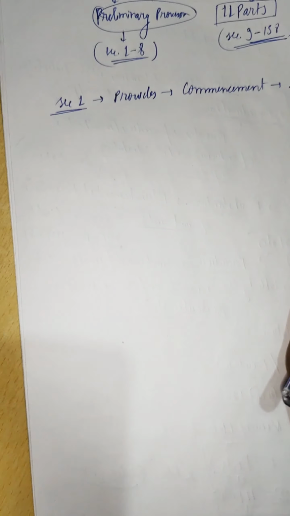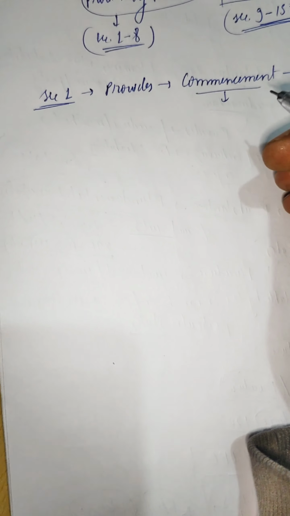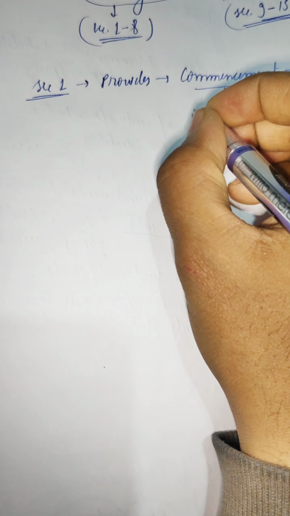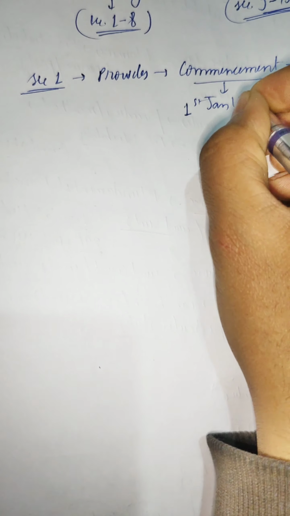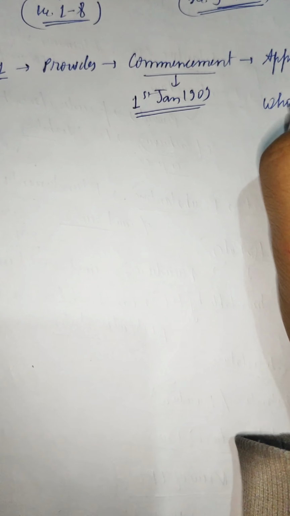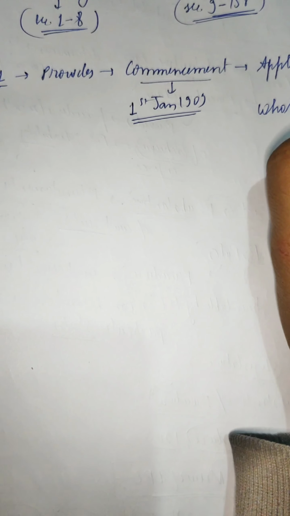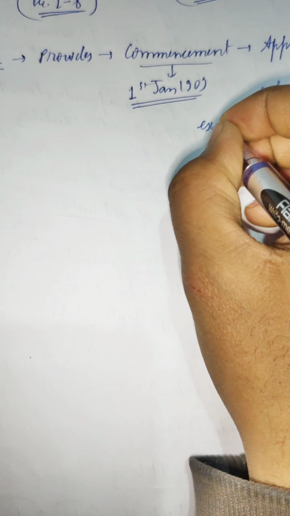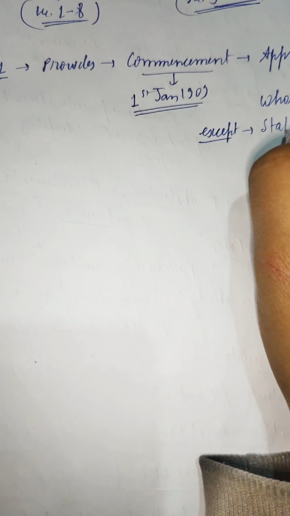Commencement means, as we have already discussed, that the CPC commenced on 1st of January 1909, and its applicability is the whole of India except two things.